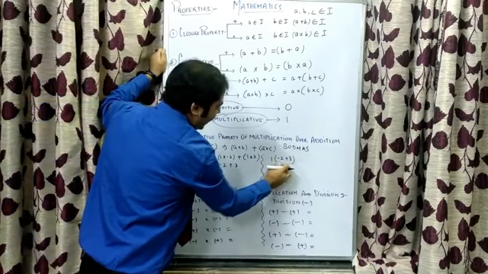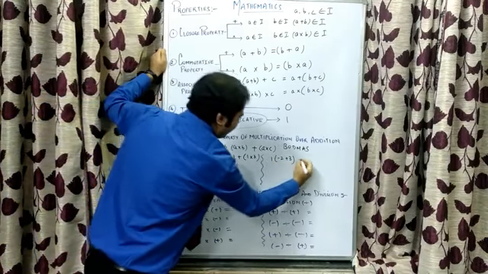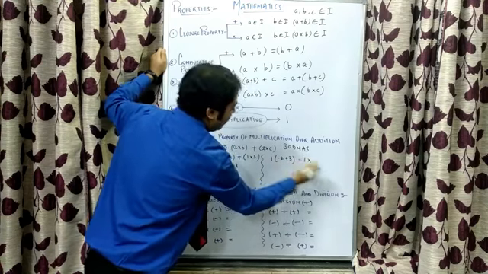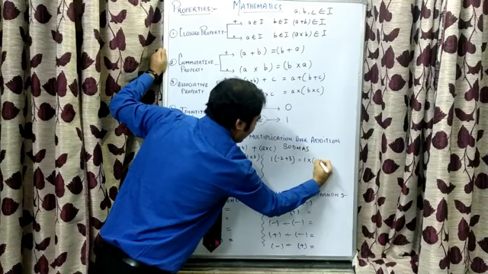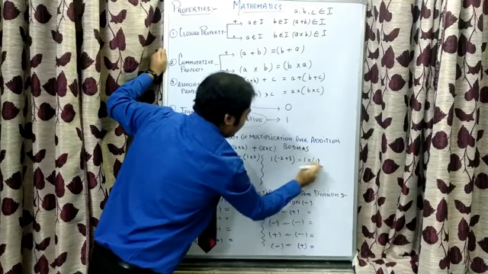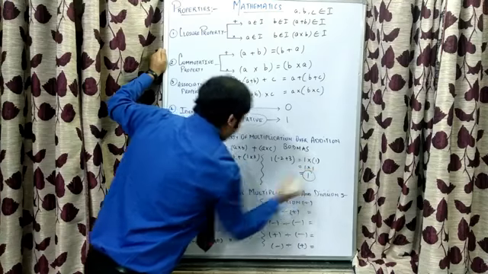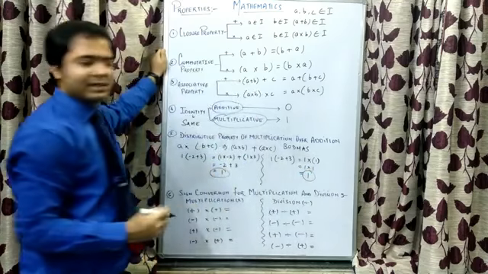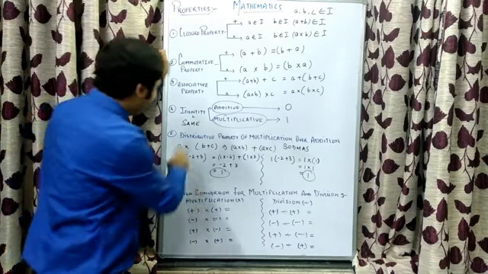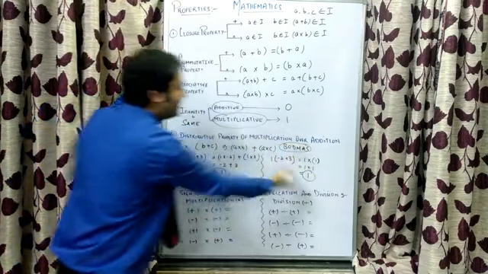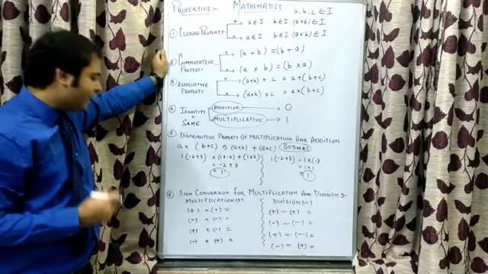So inside bracket we have got minus 2 plus 3, which is plus 1. Then 1 into 1 will give us 1. That means the answer in both the cases is same. Whether we apply distributive property or BODMAS rule, the answer will be same.